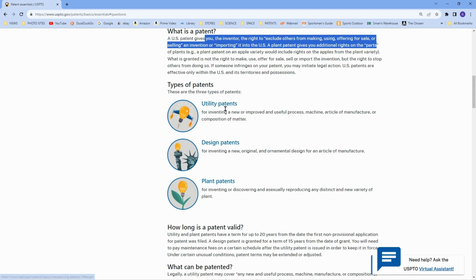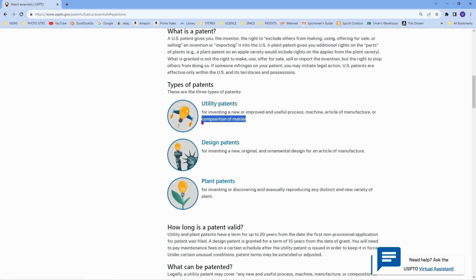Each one of these types is for different types of inventions. The utility patent is what most people think of as an invention, some mechanical item. But it also can cover the machines that make that item, the process that does some useful function, or even a composition of matter, which is essentially some chemical structure that you're patenting. This is what we're mostly going to focus on.